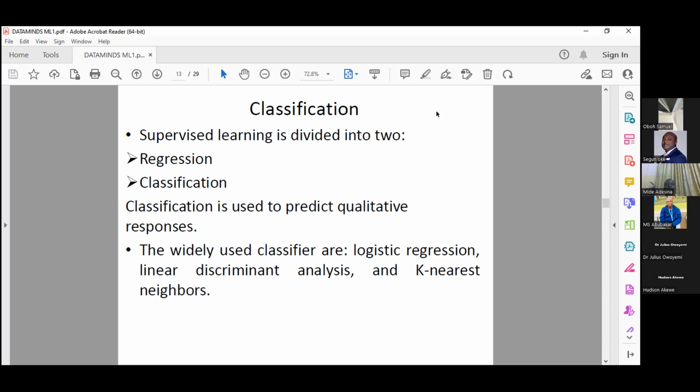The classifiers applicable to qualitative data are logistic regression, linear discriminant analysis, and k-nearest neighbors. These help to fit a classifier, or we can say classify data.